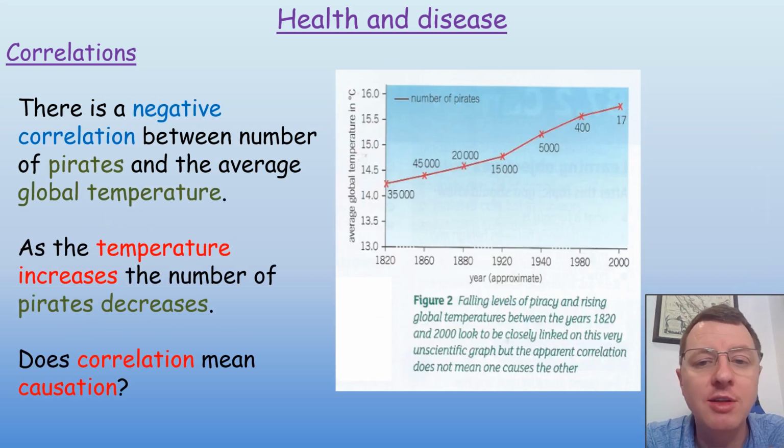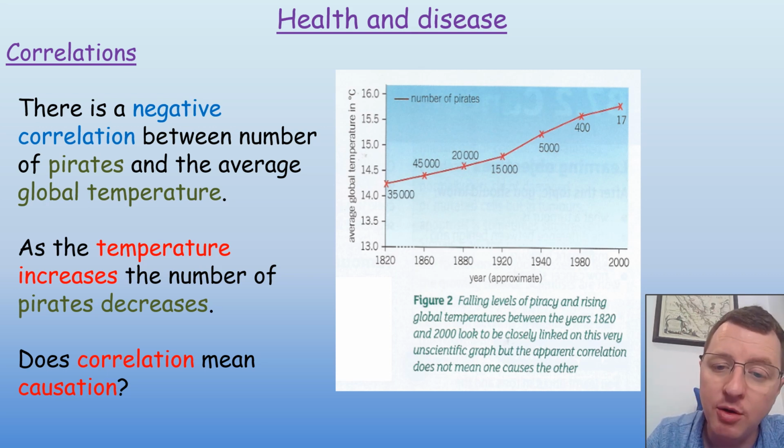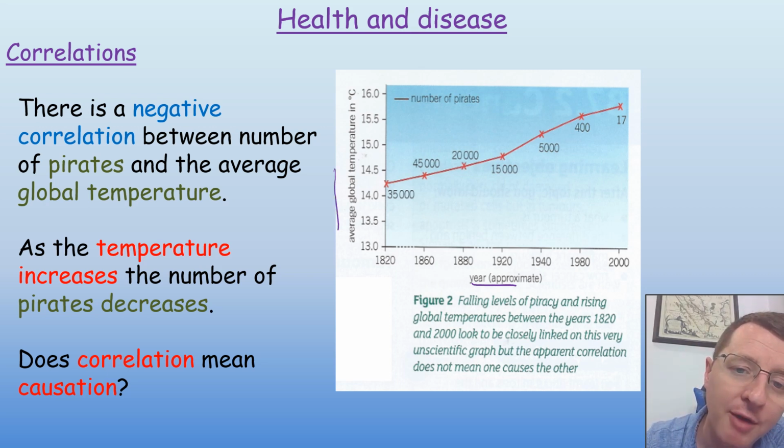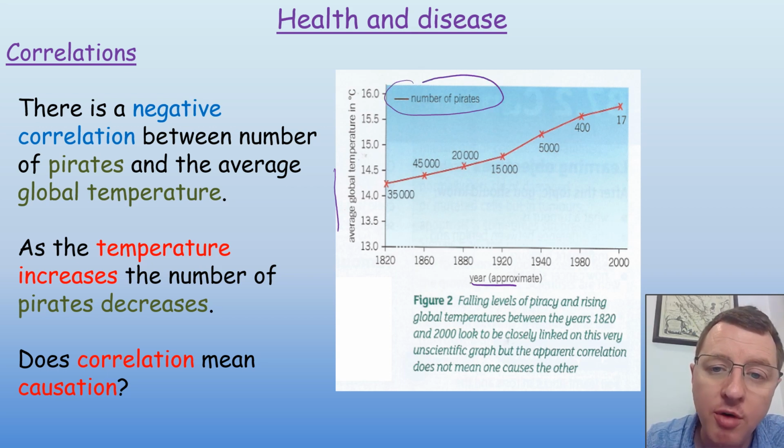And that's illustrated quite nicely in this graph here, where again on the x-axis we have the years and on the y-axis we have the average global temperature. But we're also looking at the number of pirates, and that's our numbers written on the graph here.